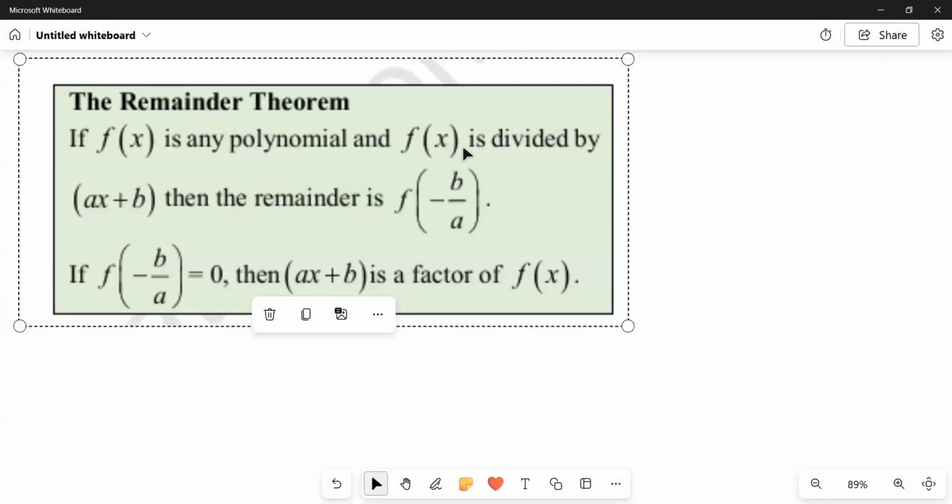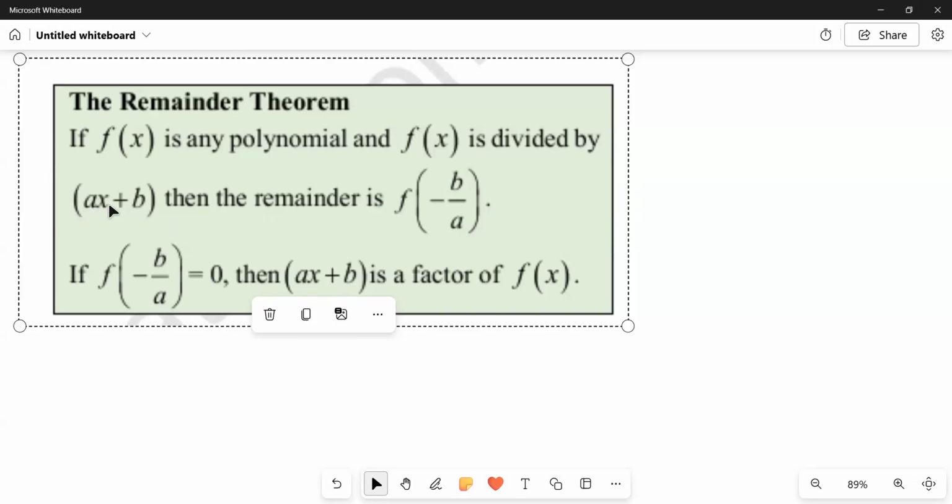If f(x) is a polynomial and f(x) is divided by ax plus b, I think I used ax minus b, doesn't matter, then the remainder is f of minus b over a. If you use a minus sign here, there's no need for a minus sign here. I guess you should get used to that switching around.